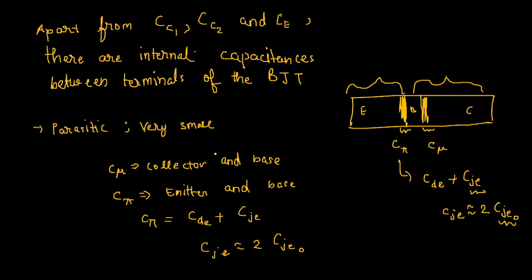We have seen five different capacitances so far, and these capacitances are a nuisance to anyone building a device, which is why they've been named parasitic capacitances.